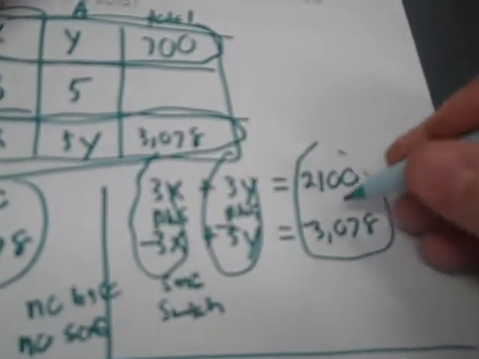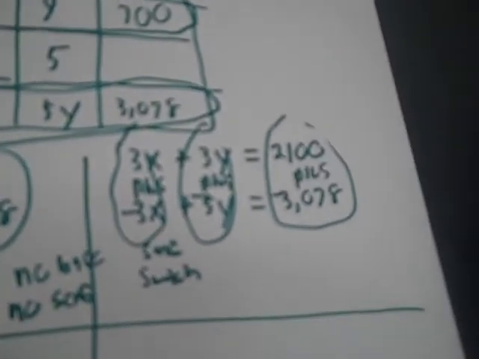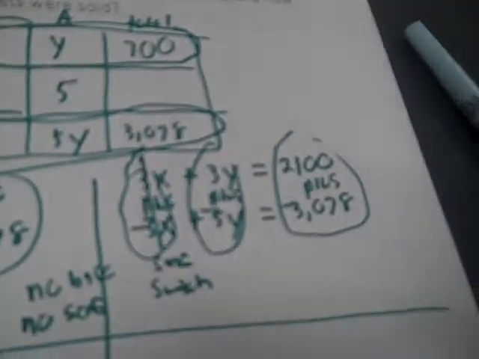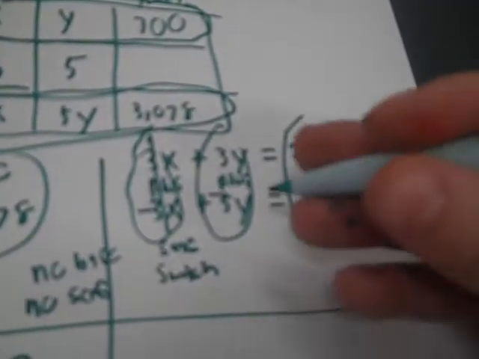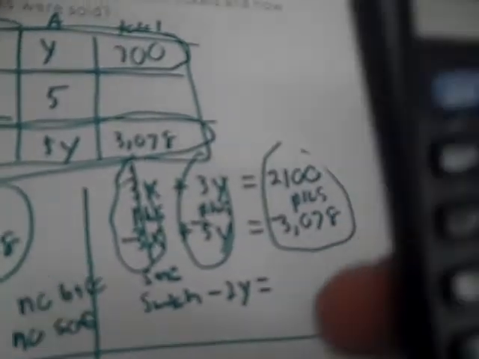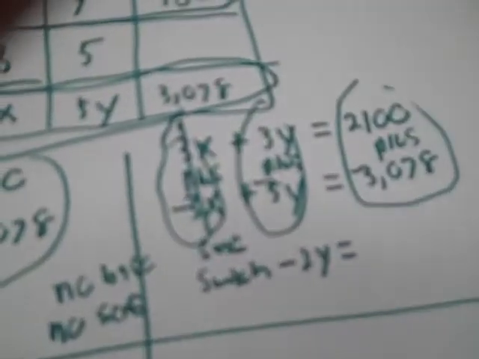As soon as I have a same and now I have a positive and a negative, I'm good to go. So 3 plus negative 3 is 0. Out. 3 plus negative 5 is negative 2 with y. And then I take 2,100 plus negative 3,078, negative 978.